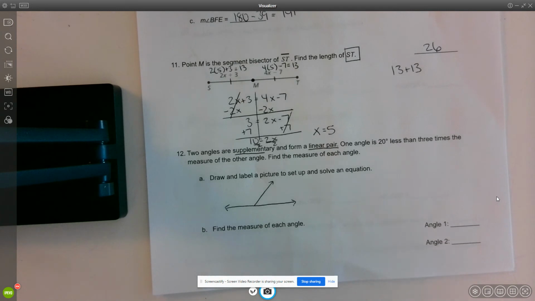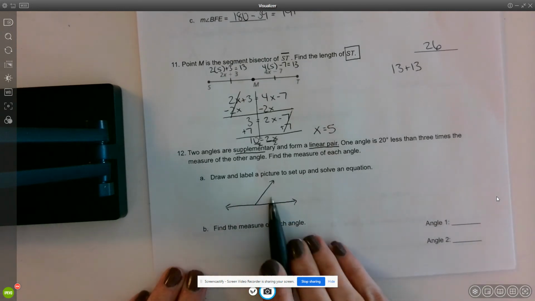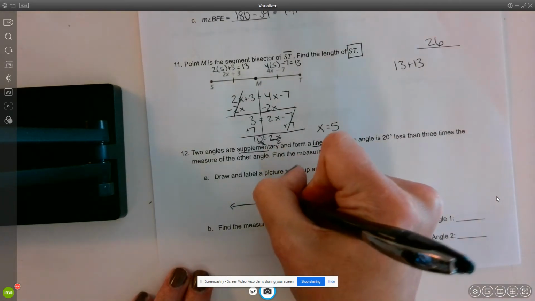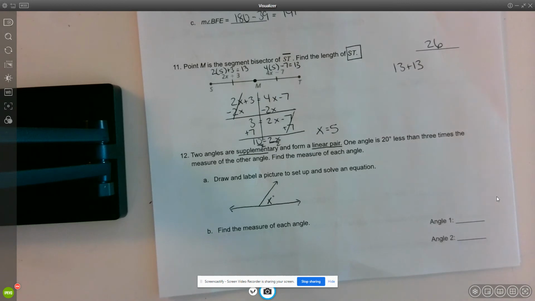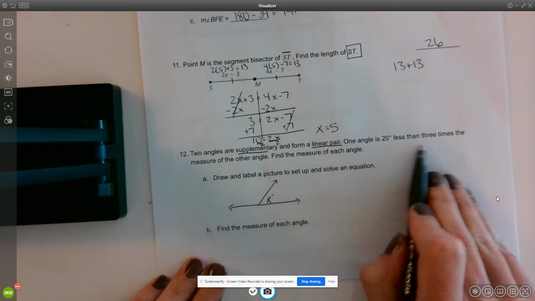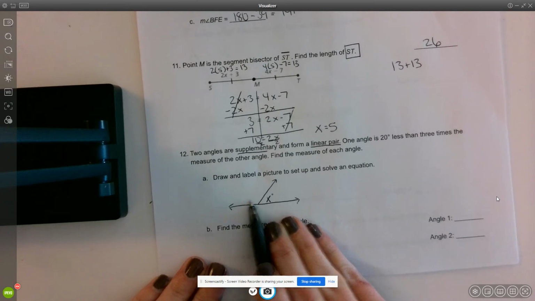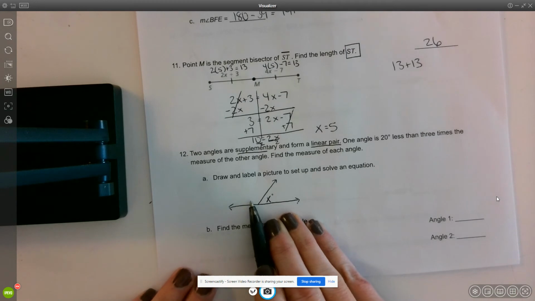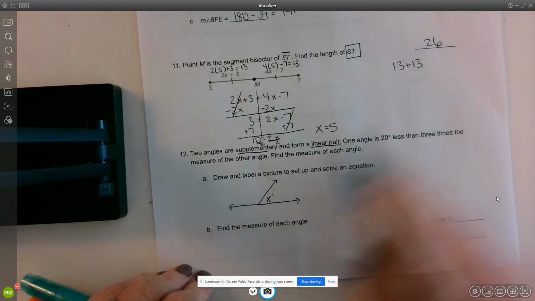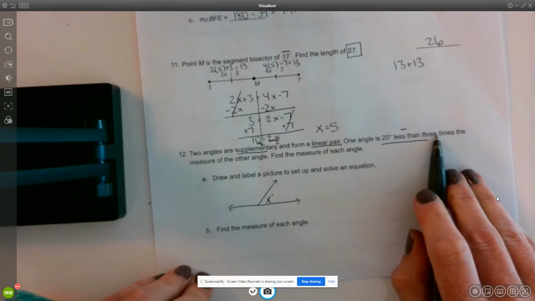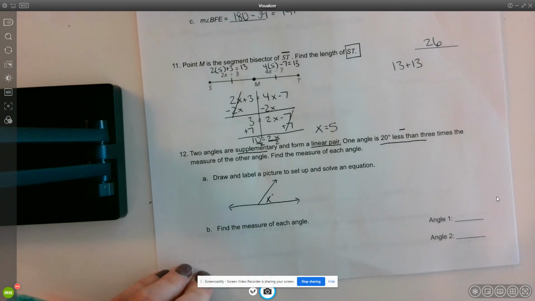So remember, I need to come up with some expressions for my angles here in order to set up an equation. So first, I'm just going to let one of my angles be x degrees. I don't know what it is, but I'm just going to say, okay, it's x degrees. I need to now use my sentence up above to help write an expression in terms of x for this angle here. So it tells me this angle here is 20 less than, remember less than means subtraction, 3 times the measure of the other angle.